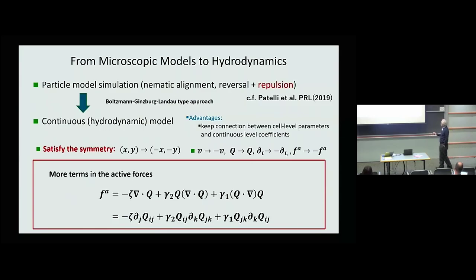To make a long story short, the final result is that the active force obtained in this approach is like this. We have two extra active forces: this is a linear active force, and then we have two nonlinear terms, nonlinear in Q. These terms, of course, should satisfy the symmetry of the system. The good thing is that all these coefficients are determined from the particle model coefficients.